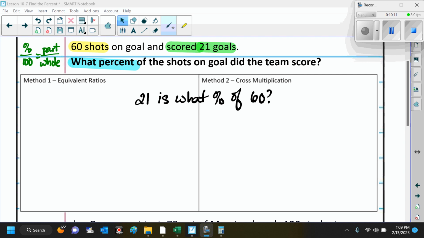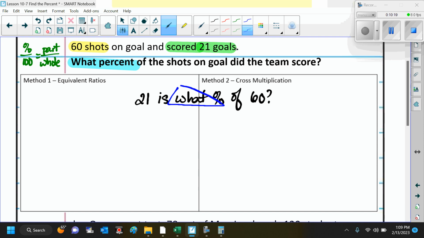So let's set up our proportion. We've got what percent, that's what we're solving for. We have our is number, 21, that's the part. And we have our of number, 60, that's the whole. So we have x over 100 is equal to 21 over 60.